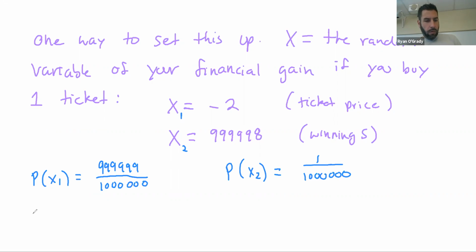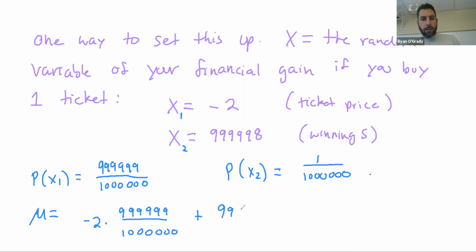And so our expected gain here is mu, and that equals, well, what do we have? We have -2 times this, plus our winnings, if we happen to win, times the probability that we won.